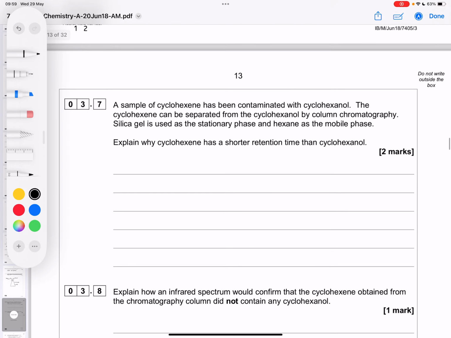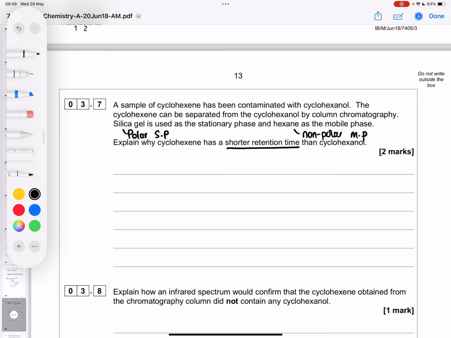Then it says a sample of cyclohexene has been contaminated with cyclohexanol. The cyclohexene can be separated from the cyclohexanol by column chromatography. Silica gel is a polar stationary phase, and hexane is a non-polar mobile phase. Explain why cyclohexene has a shorter retention time.